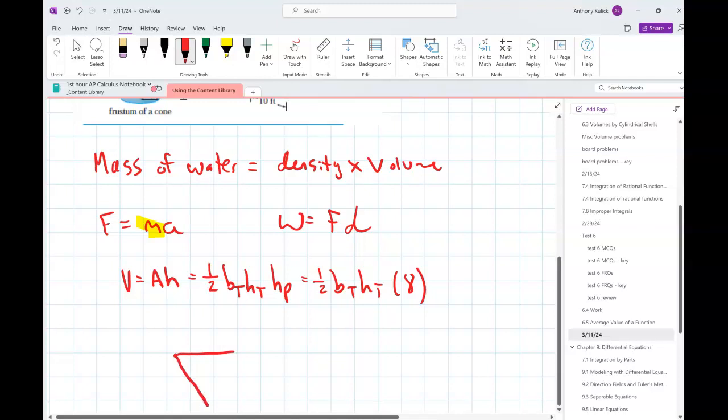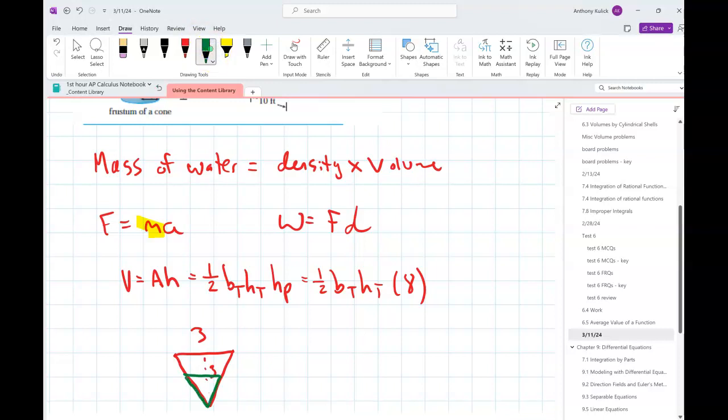So I'm just going to sketch a quick picture here. So I can say that the base of the triangle over the height of the triangle is equal to 3 over 3, or just that those are the same.